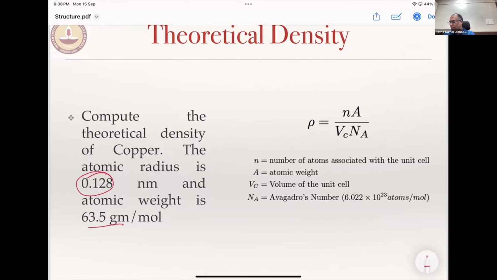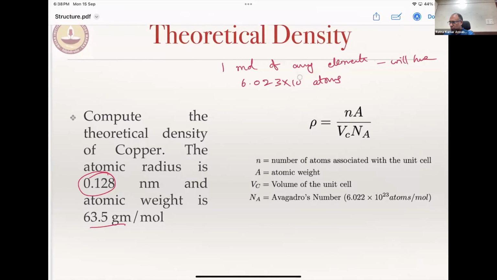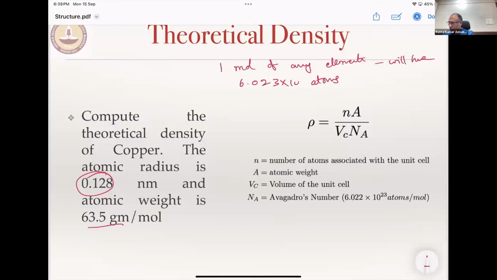Do you understand what is the meaning of 1 mole? 1 mole of any substance, if the substance is an element, will have 6.023 into 10 power 23 atoms.